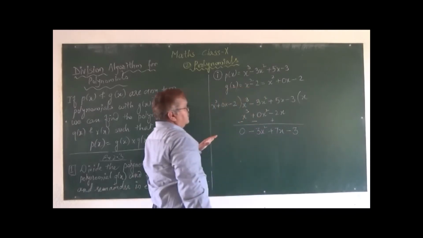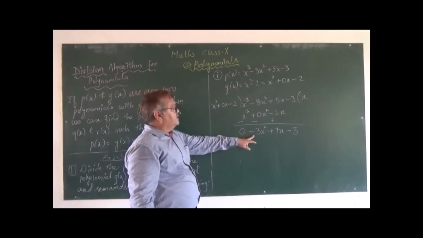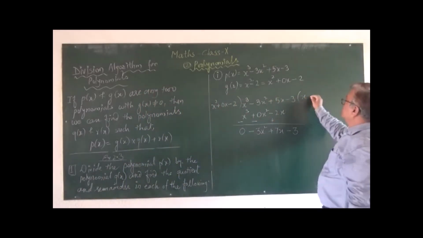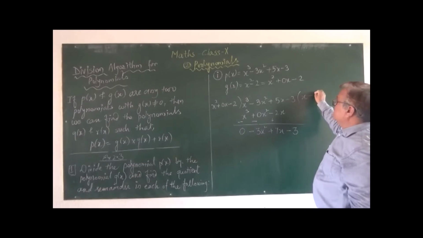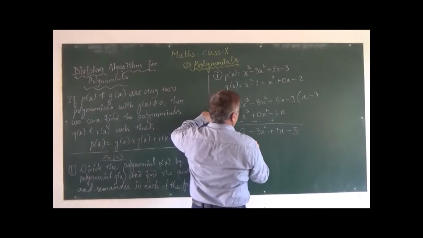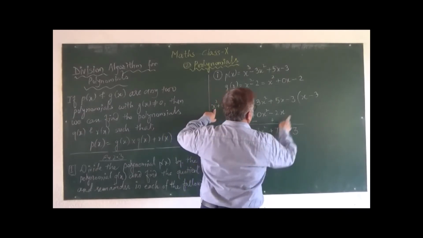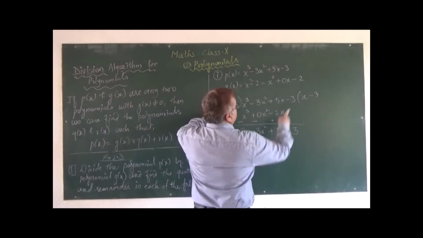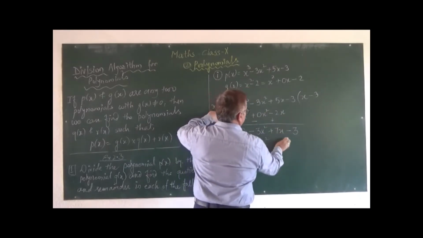Let us see. Now we want to eliminate minus 3x square. So here we are having x square. So multiply by minus 3. So minus 3 into x square is minus 3x square. Minus 3 into this 0x, so it is minus 0x.